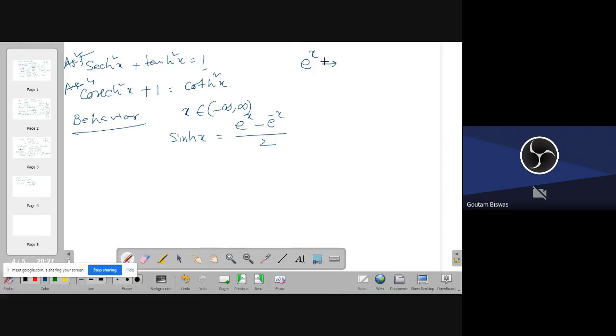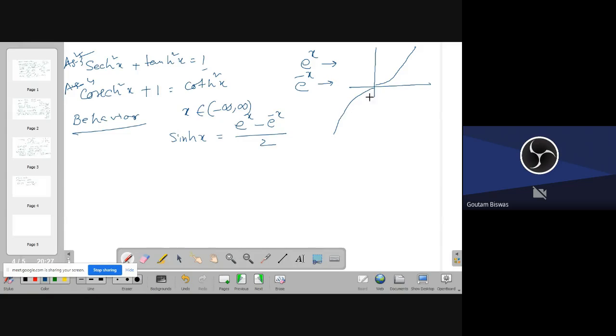It goes on increasing, is not it? It is gradually increasing. If you draw the graph, the function looks like this. And if you take e to the power minus x, how does it go? Now, it goes like this, negative.